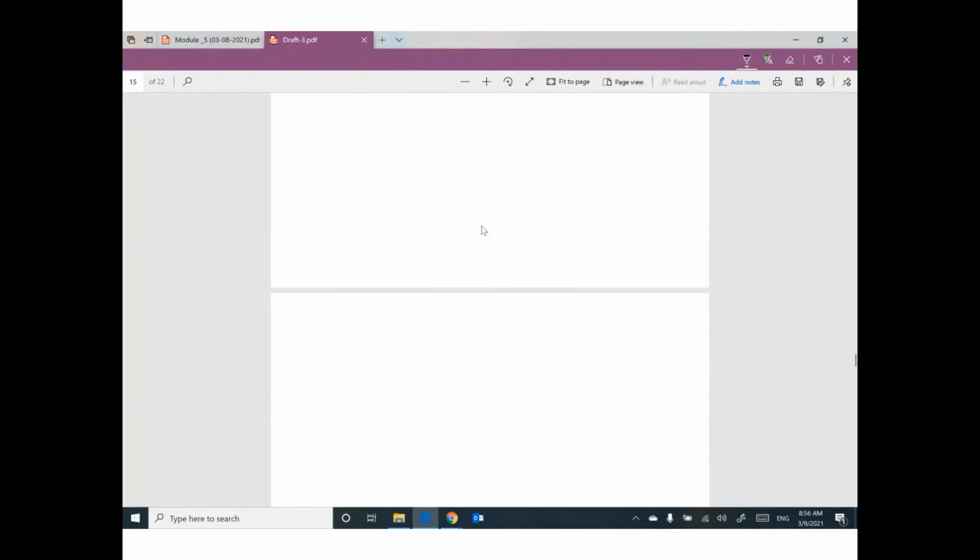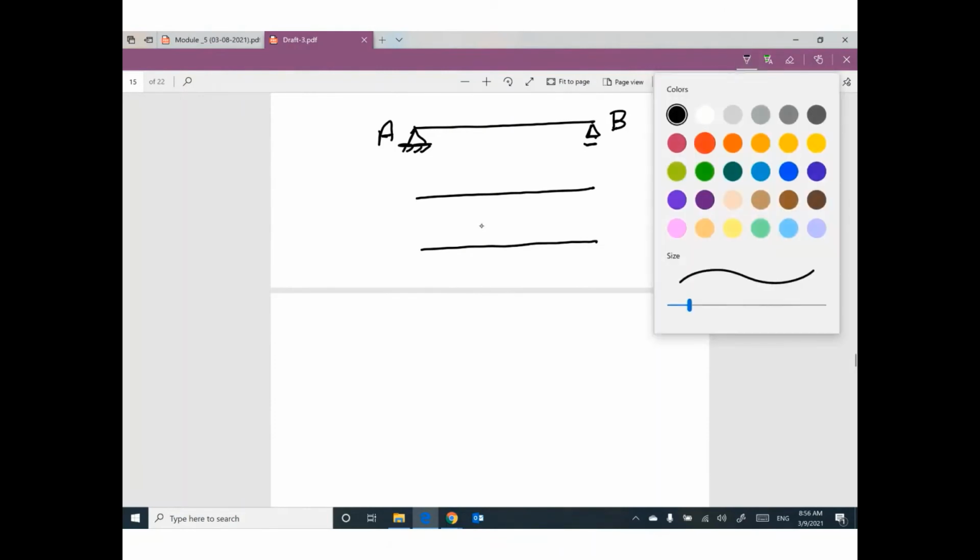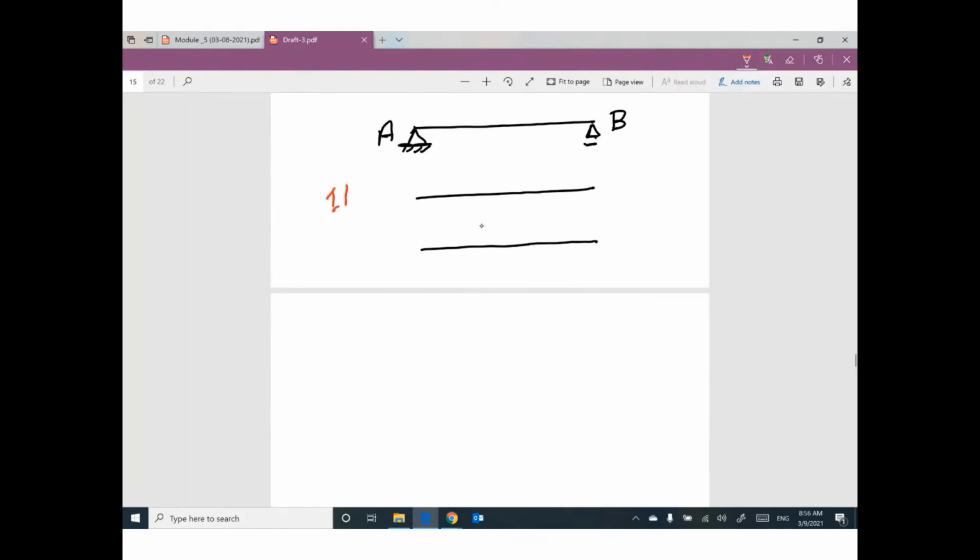If you have a beam simply supported only between a hinge and a roller, this hinge is A, this roller is B. I taught you how to draw the influence line for reaction YA and for reaction YB.